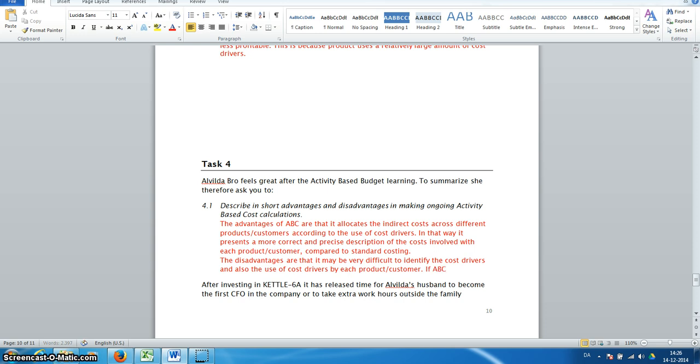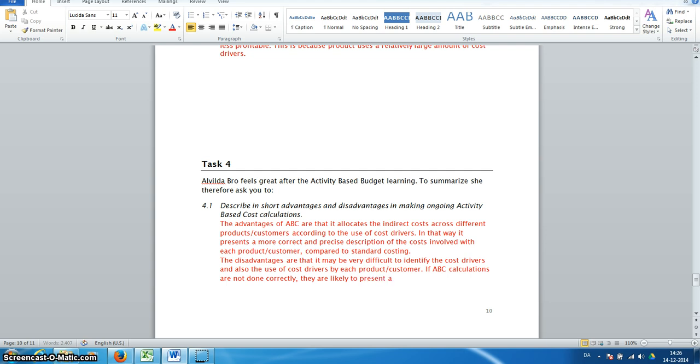So if ABC calculations are not done correctly, they are likely to present a distorted picture of the true costs involved with an activity.